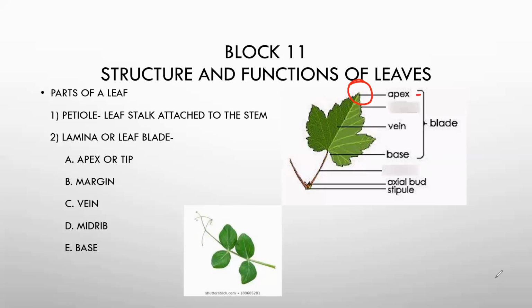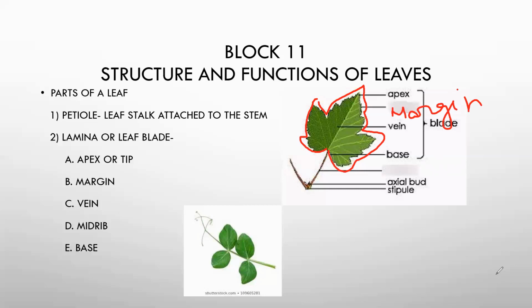It is also known as the tip of the leaf. Then you also have the margin. Margin is nothing but the boundary of the leaf, like this. So this is known as the margin of the leaf.